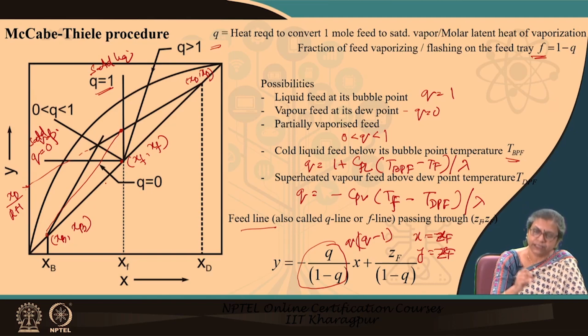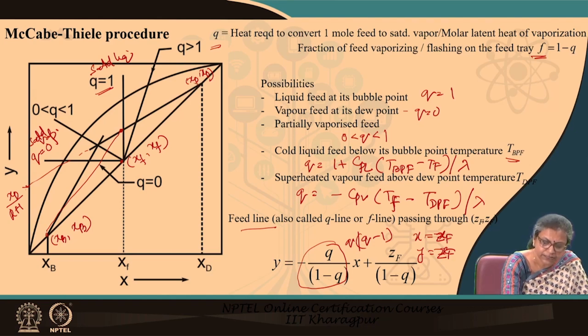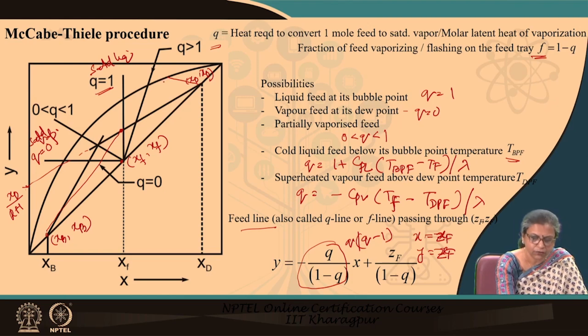So, therefore, the streams which are leaving the ideal stage, quite naturally they will be lying on the equilibrium curve and the operating line. So, therefore, the change in composition will be varying from the operating line to the equilibrium curve.